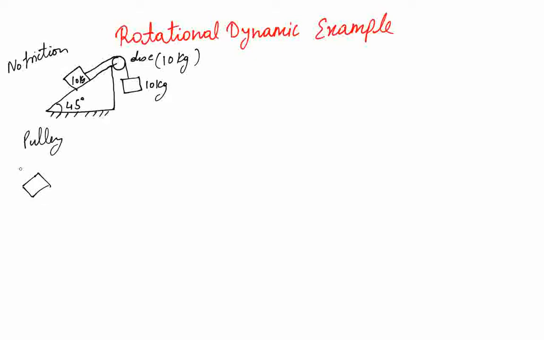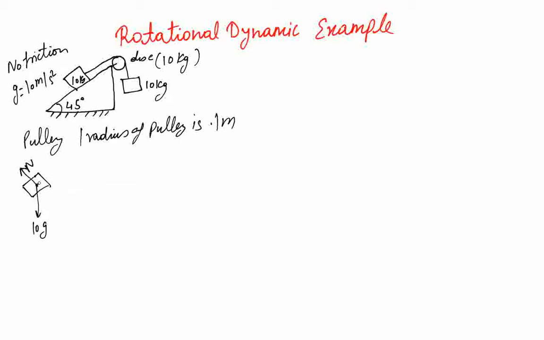First, there's a normal reaction acting on the mass. Let's call it N. There's a force of gravity acting, so let's call this 10g. For the sake of simplicity, let's take g to be 10. Oh, I should have mentioned the radius of pulley is 0.1 meters. So we need all this information.